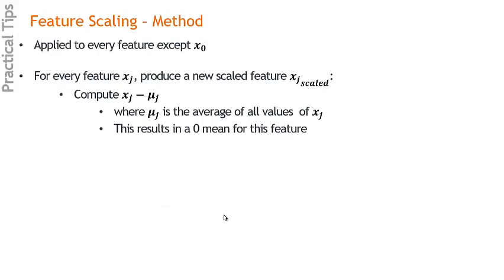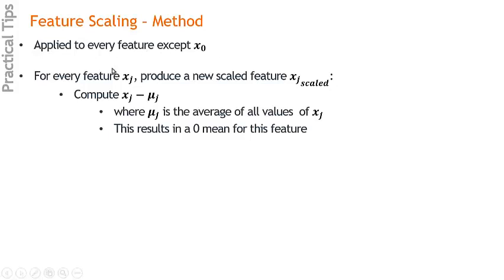Now, there are systematic ways to do feature scaling. Some of these systematic ways have advantages, and they're implemented in Python. You apply scaling to every feature except x0, because if you think about it, x0 is 1, so you want to leave x0 as 1. Now, in many cases when you scale, you can simply remove x0 from your list of features.